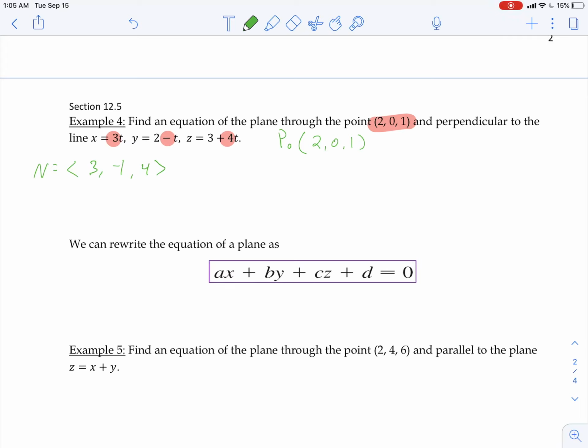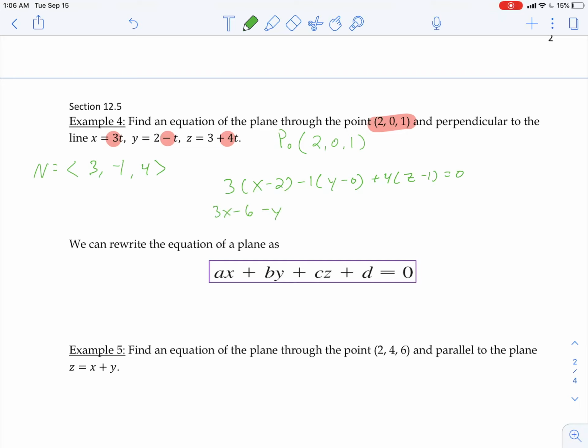Now it's going to be pretty easy to find the equation. Normal vector: 3 times x minus 2, minus 1 times y minus 0, plus 4 times z minus 1, equal to 0. Now let's clean it up and solve it.